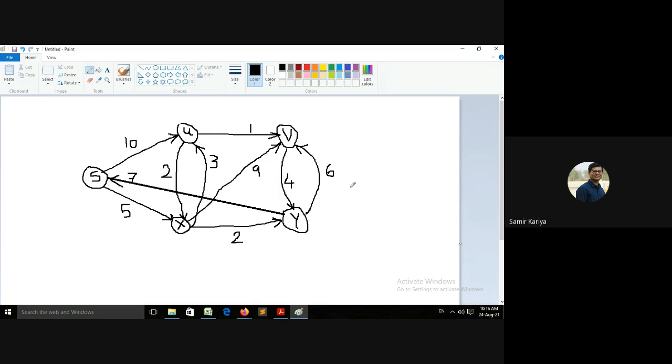Okay, this is the complete graph, and just simply find the distance for all the nodes from starting node S.